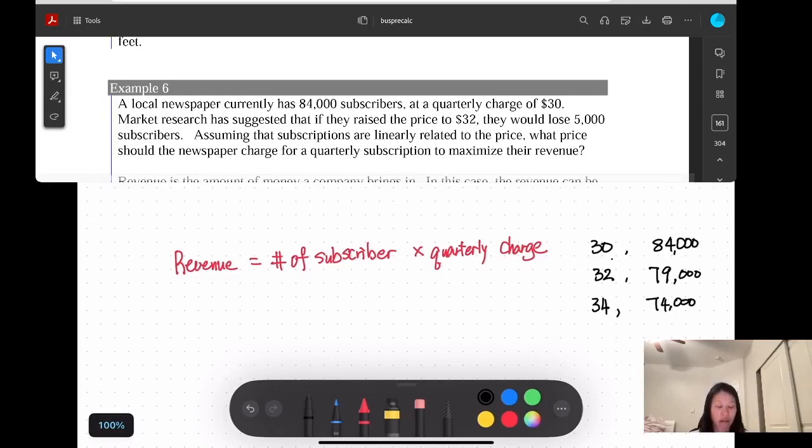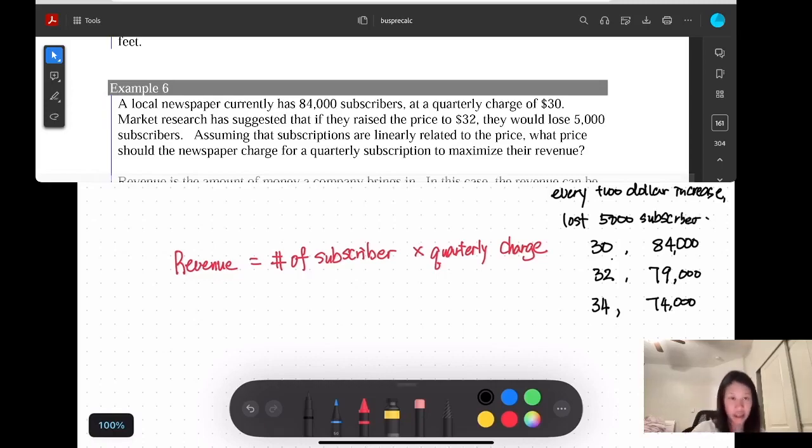So that keeps going. So how can I write this down? That means every $0.2 increase in the subscription price, they will lose 5,000 subscribers, right? That's the summary.